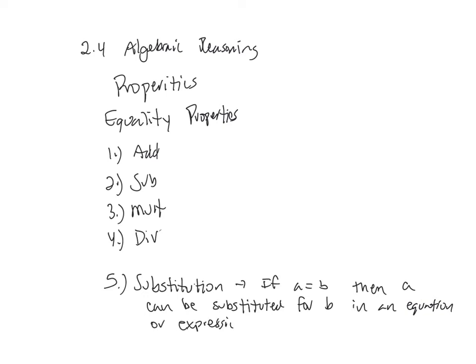You could do it the other way around. You can substitute B for A. Just one you can put in the place of another. All right. We also had the distributive property. You guys should know what that one is.